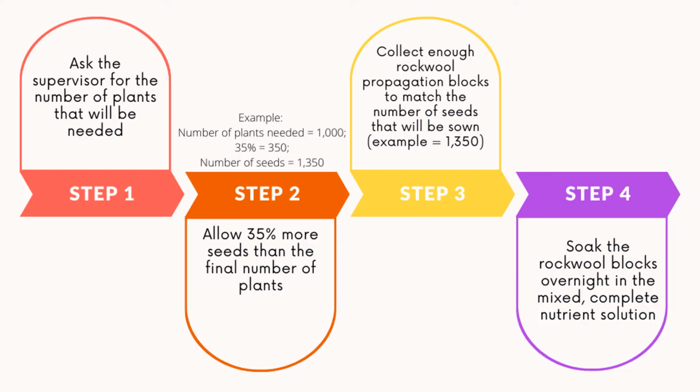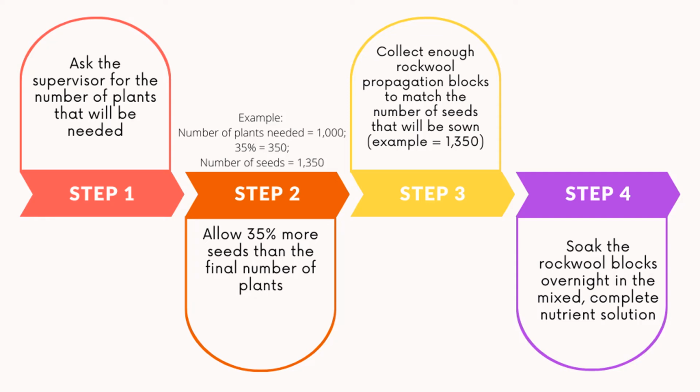Step 1. Ask the supervisor for the number of plants that will be needed. Step 2. Allow 35% more seeds than the final number of plants. Example, number of plants needed, 1,000. 35% equal 350. Number of seeds needed, 1,350. Step 3. Collect enough propagation blocks to match the number of seeds that will be sown.